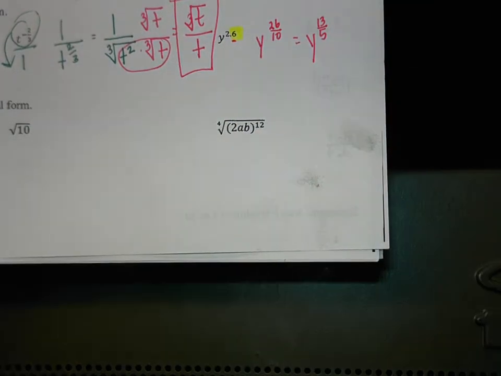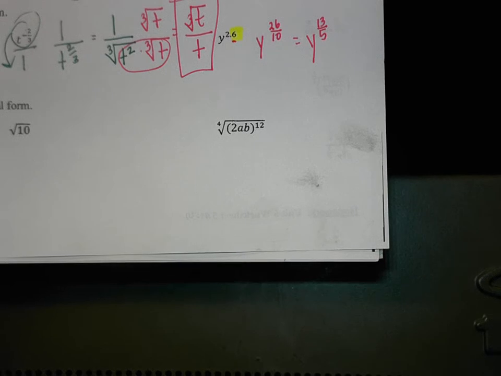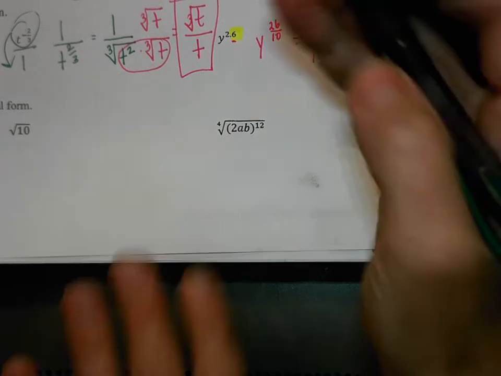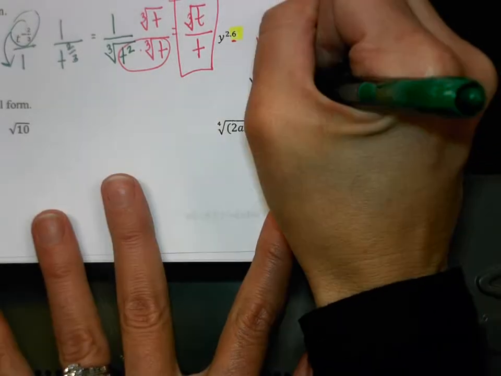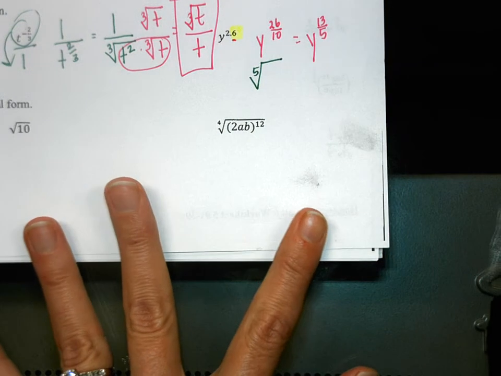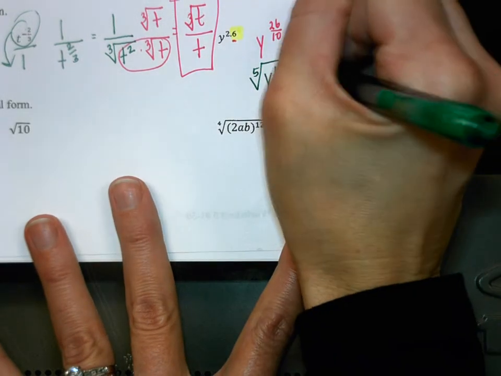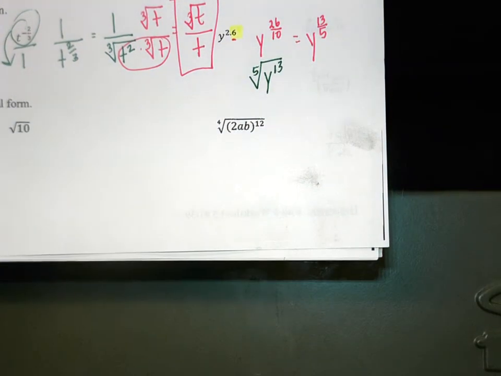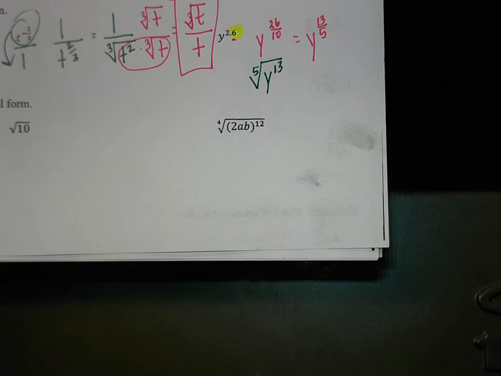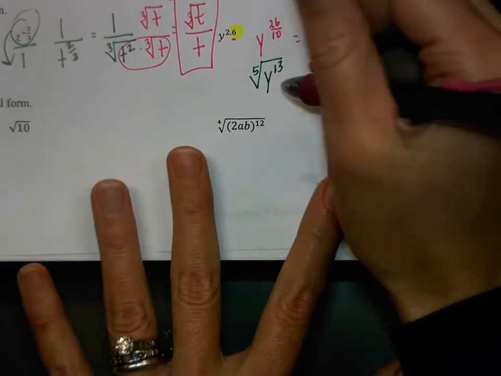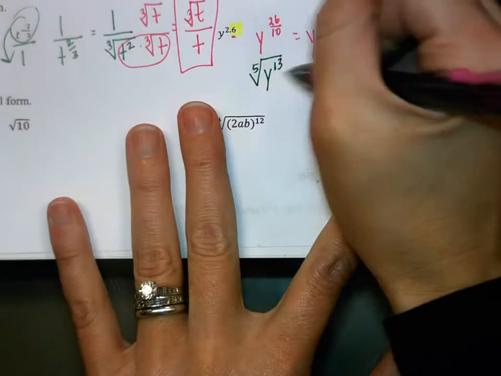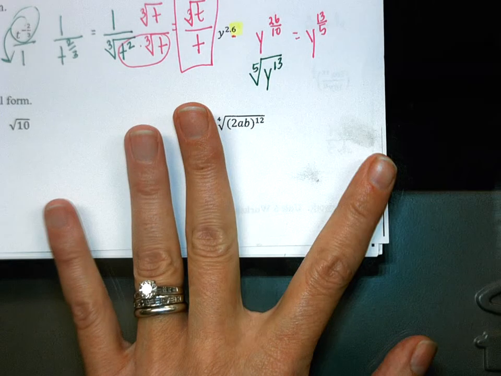So, how will I write this? Good. So the index is 5, 5th root of y to the 13. Okay, is this okay? Because I can still simplify, correct? Okay, how will I write this out to simplify it? Y. How many do I need for a group? 5.